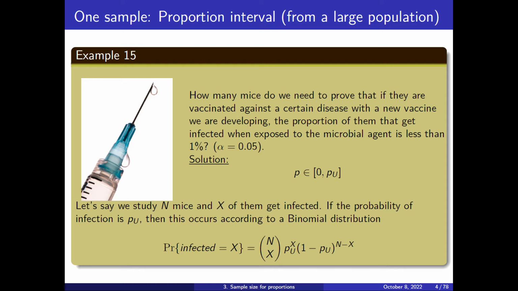And then let's say that we study N animals and X of them get infected. If the probability of infection is this upper bound here, then we know that we would observe X infected animals following a binomial distribution. So this would be the calculation that we would need: N over X, times the probability of success, meaning getting infected, times the probability of failure.